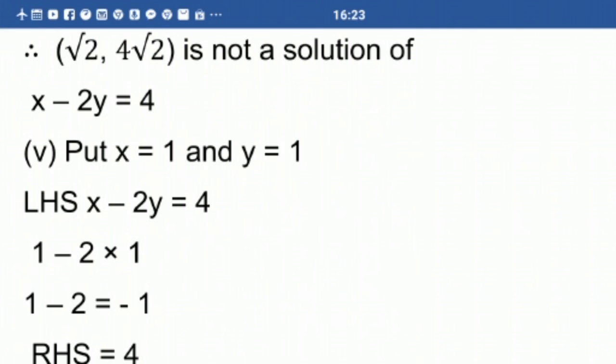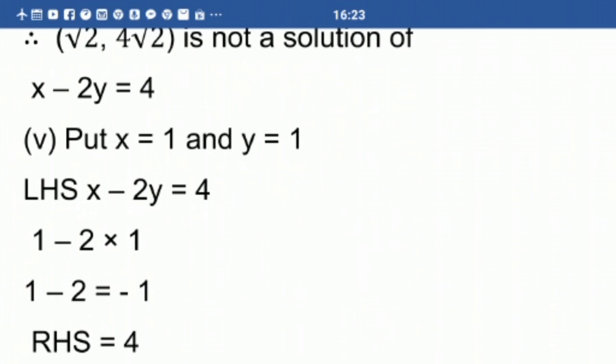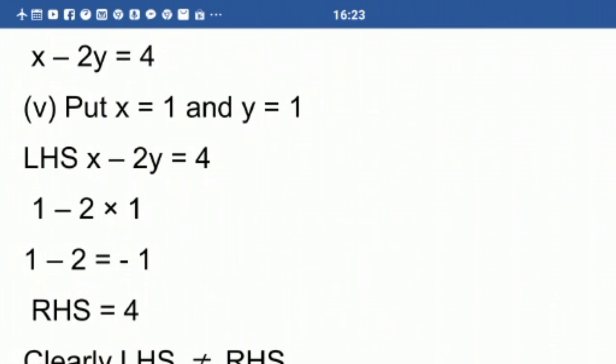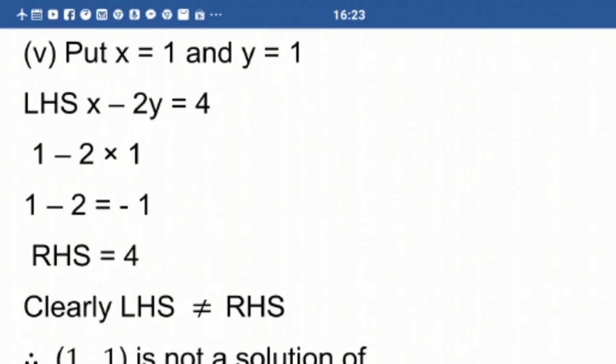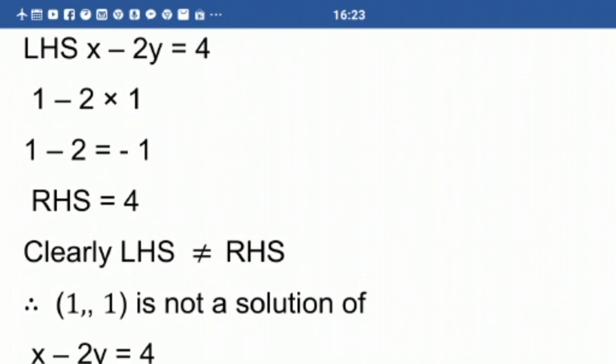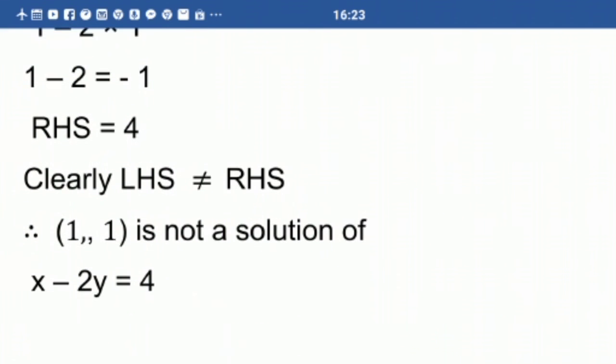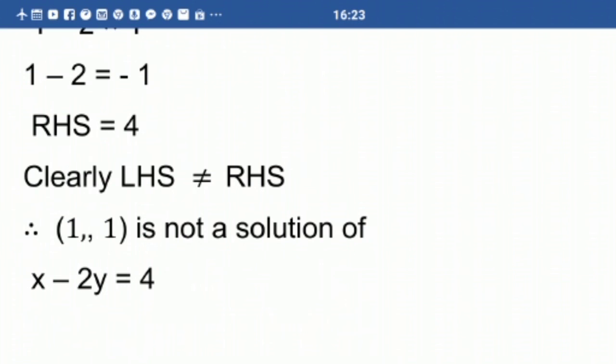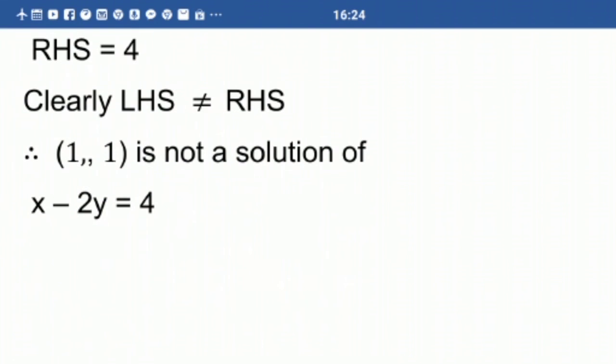So 1 minus 2 into y, which is also 1. 2 into 1 is 2. 1 minus 2 is equal to minus 1. RHS is 4. So clearly LHS is not equal to RHS. Therefore, (1, 1) is not a solution of x minus 2y is equal to 4.